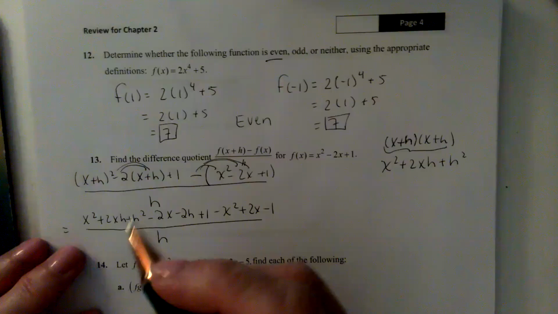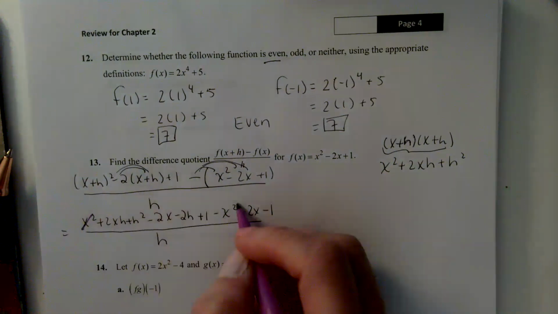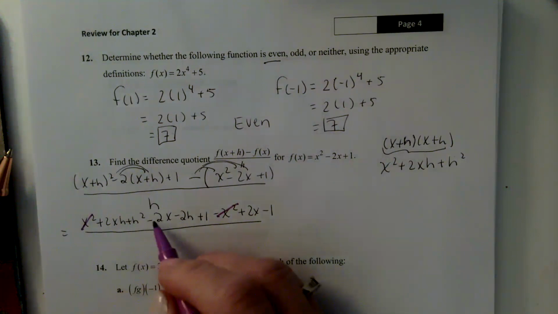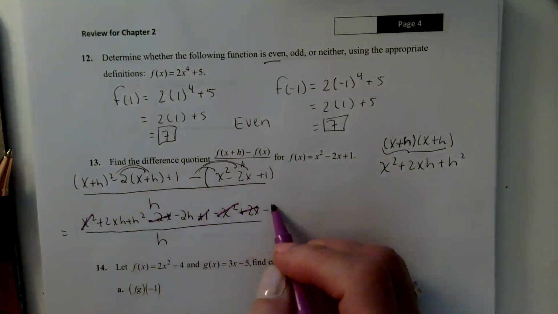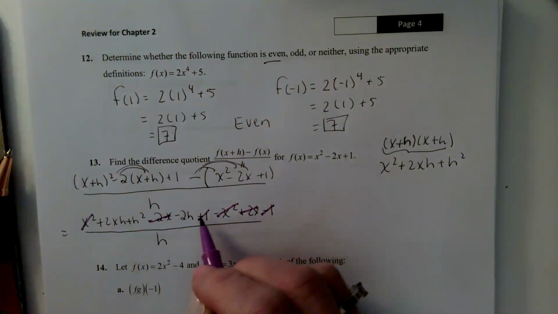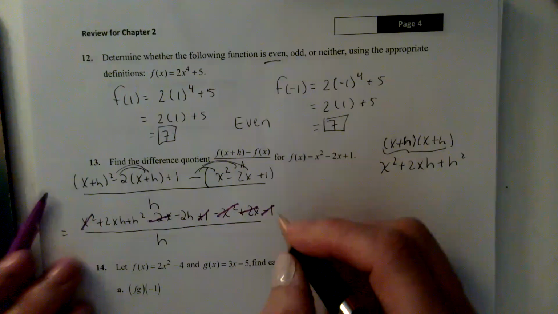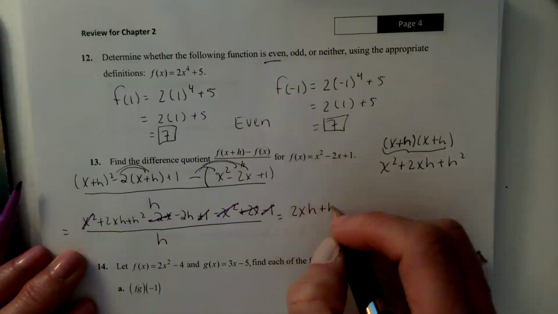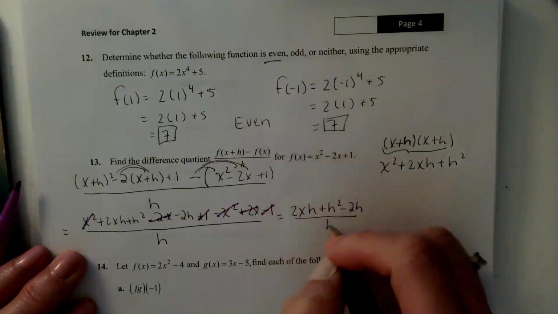Okay, so I'm going to use my different colors so you can see what I'm canceling out. So this x squared and this x squared cancel. And then this minus 2x cancels with this positive x. This 1 cancels with that 1. Okay. So it looks like I have 2xh plus h squared minus 2h all over h left.